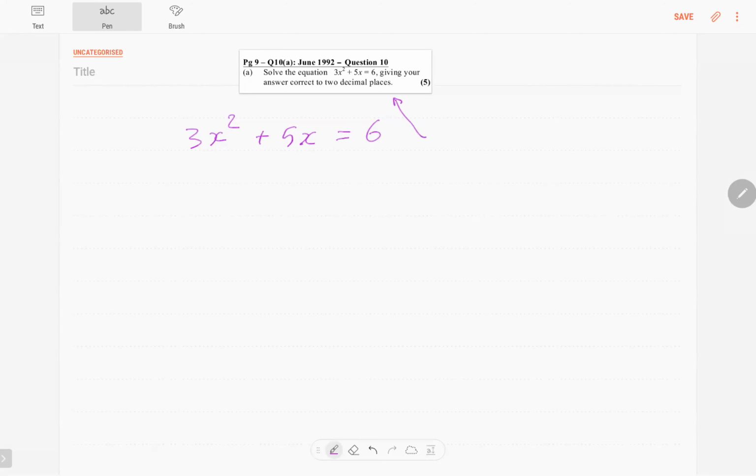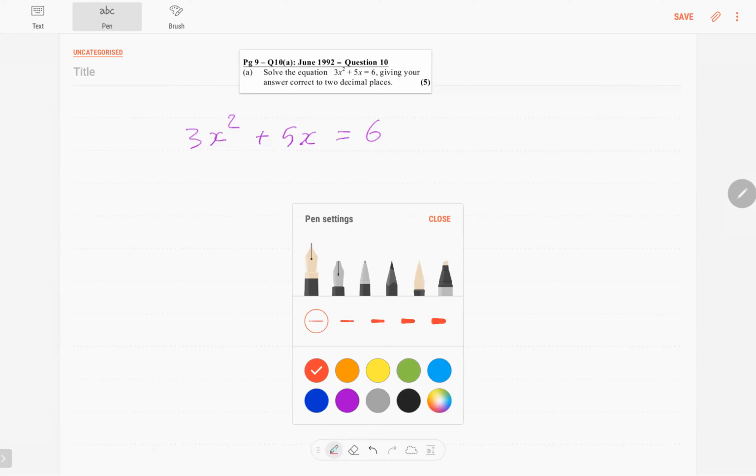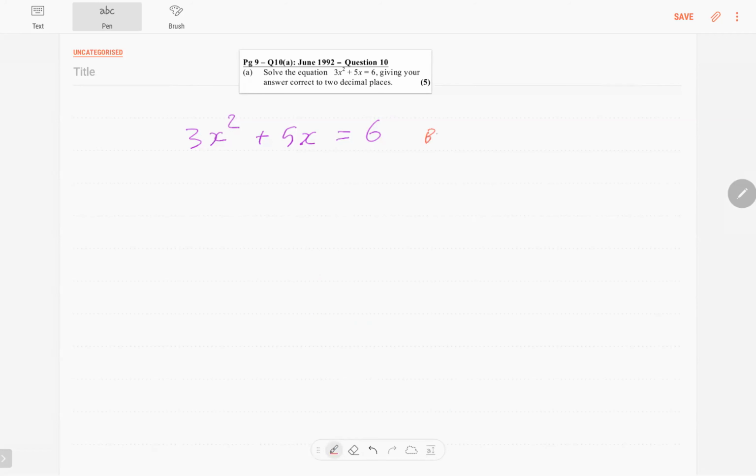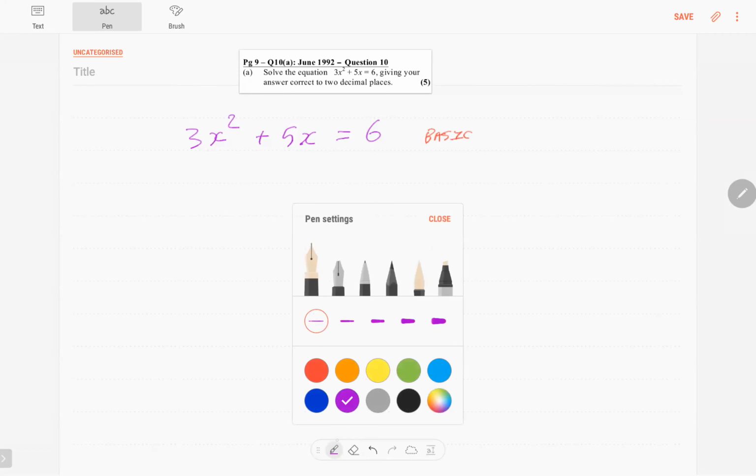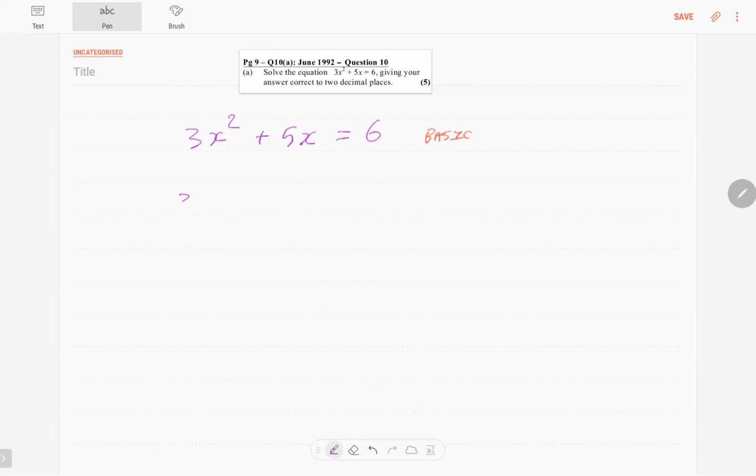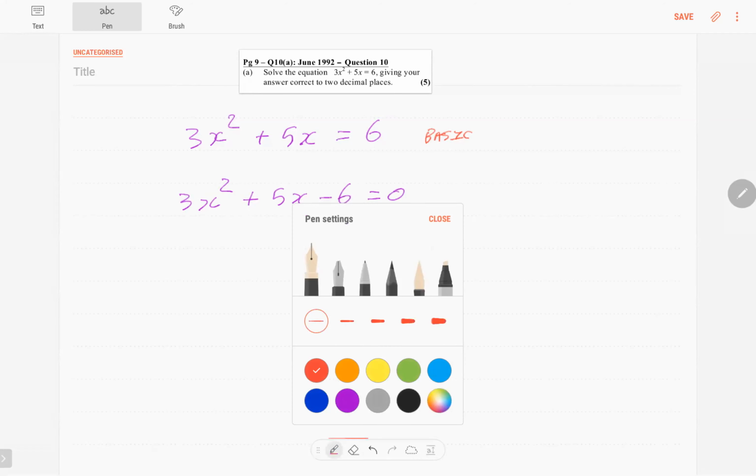All right. So basically, we're going to use the quadratic formula for this one, but we have to make it standard first. Remember, this is basic because it's not equal to 0, so we don't solve basic. We're going to transpose it into standard form: 3x squared plus 5x minus 6 equals 0. And we're solving this. It's now standard.